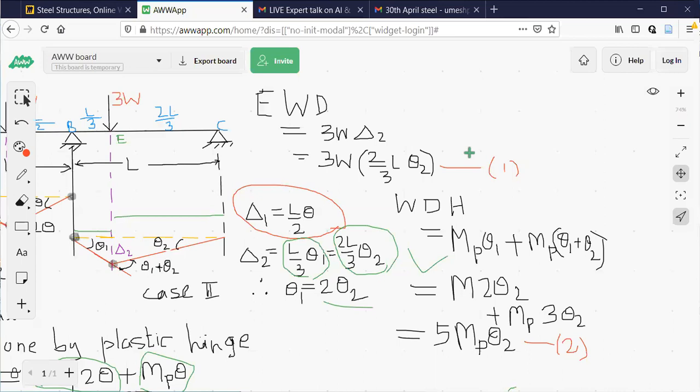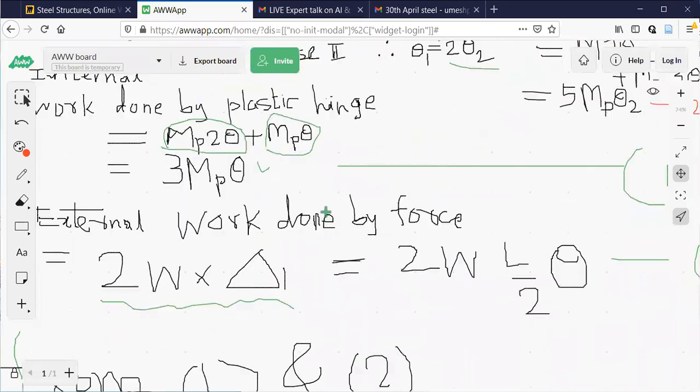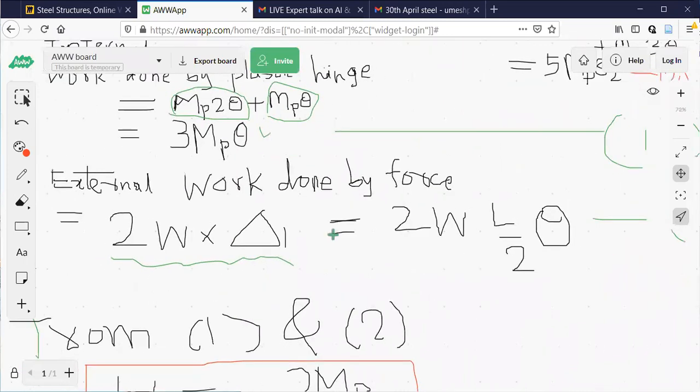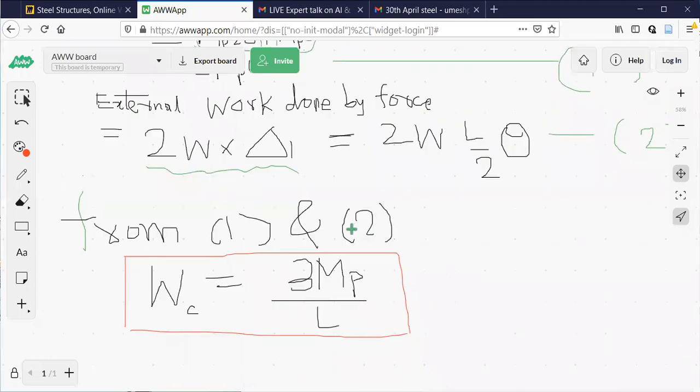Five MPL by 2. 5 MP by 2L. Three MP by L it is.